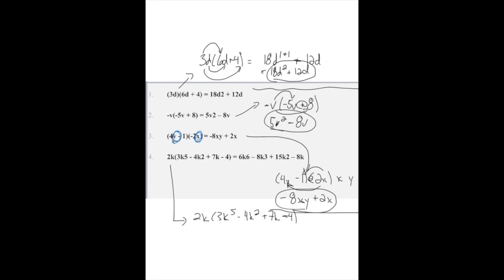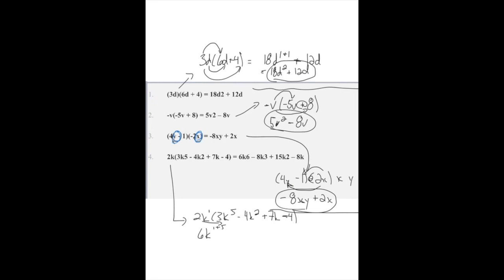What we'll end up doing here now is we still have to distribute in the same sort of manner. So for the first term, we will take 2 times 3, which is 6, and we multiply k, and remember we assume that that's a 1, so it'll be the same as 6k to the 1 plus 5.